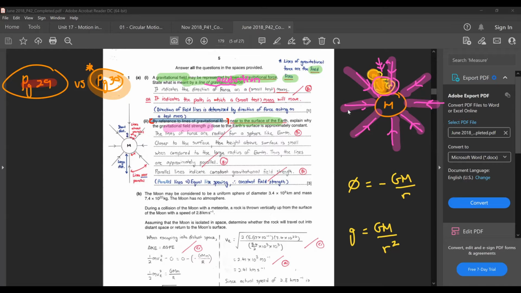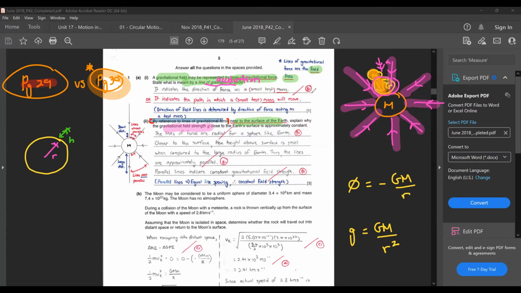If I try to explain to you in the form of an equation right now, it will be the same as gravitational potential, where I basically tell you, if I have a point here, where this one is radius r, and then for a small change in height or close to the Earth's surface, let's just say this point is h.